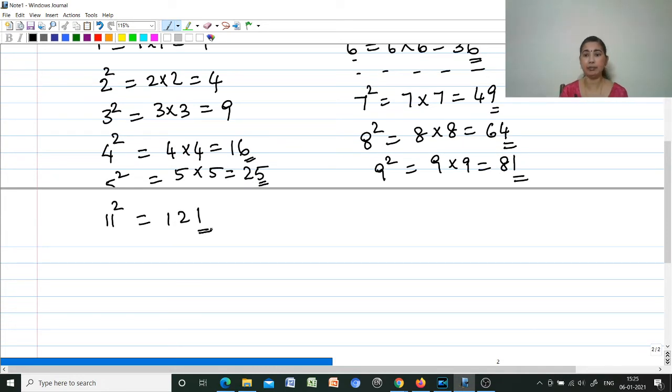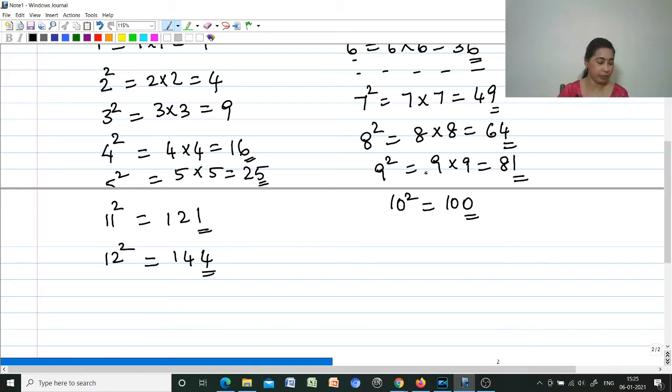Again the last number is 1 itself. 12 square is 144. Again the last number is 4. So it is ending in 1, 4, 9, 6 or 5. One more thing: what about 10 square? 10 square is 100. So the last digit can be 0 also.